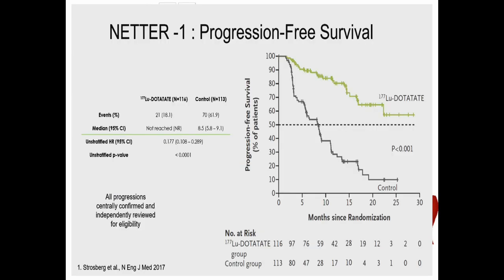The major study that was performed studying the efficacy of PRRT with lutetium in patients with neuroendocrine tumors was not in patients with pancreatic tumors, but in small bowel tumors.